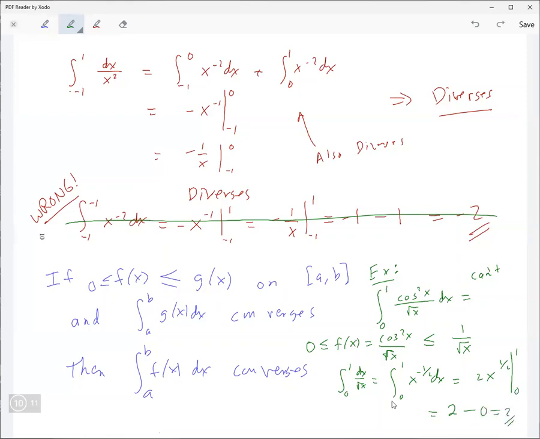So that integral is 2. Therefore, this original one converges. But we can't evaluate it. We know it's going to be less than or equal to 2, less than 2 for sure, but we don't know exactly what it's going to be.